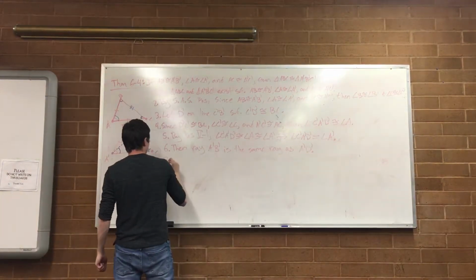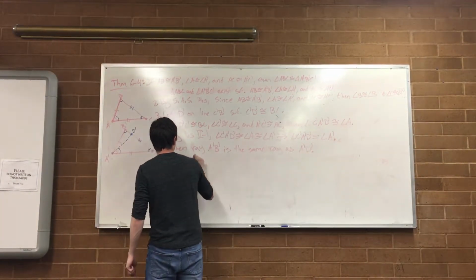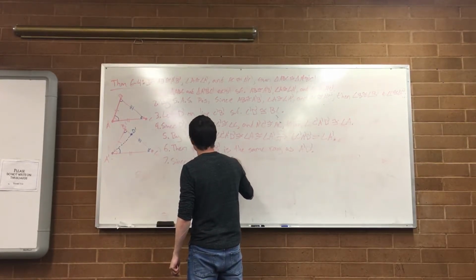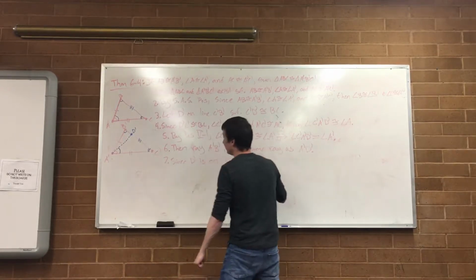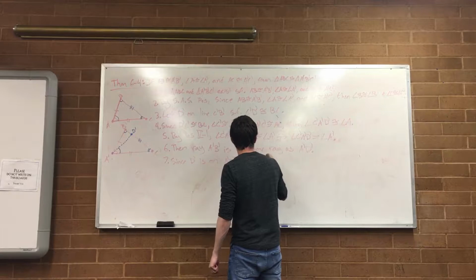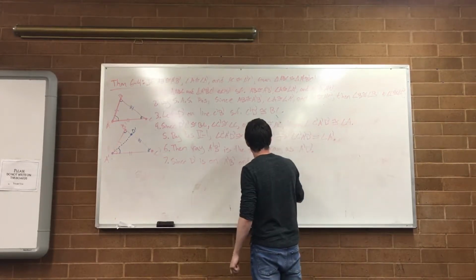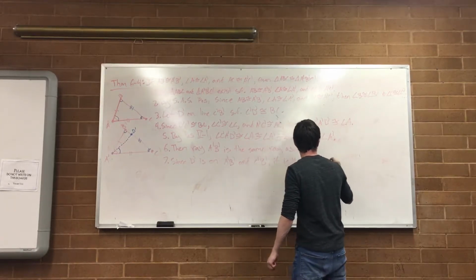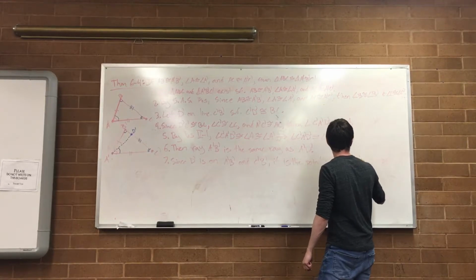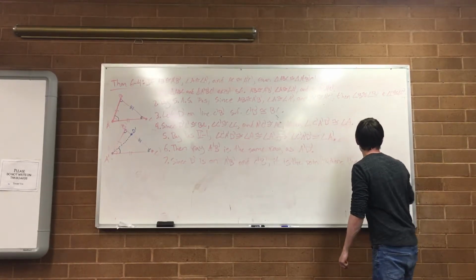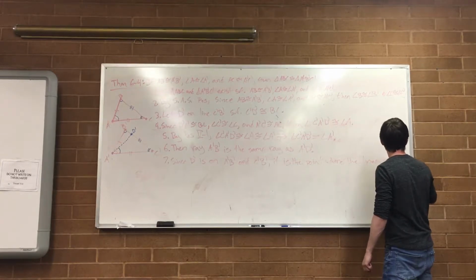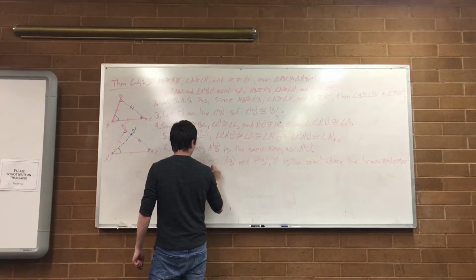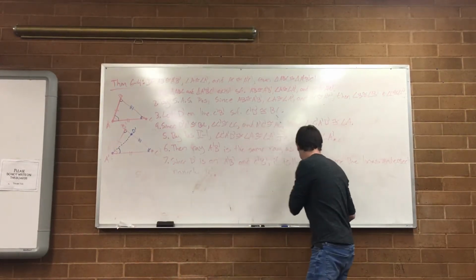So 7, since D prime is on A prime B prime and it's on C prime B prime, it is the point where the rays intersect, which is point B prime, namely point B prime. Therefore.